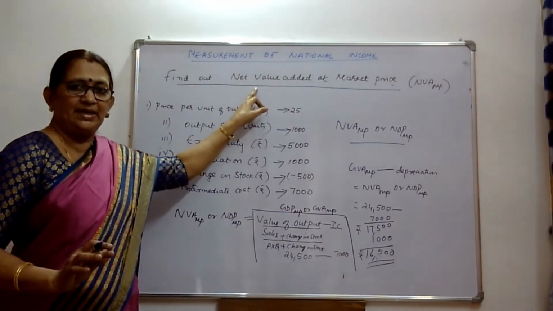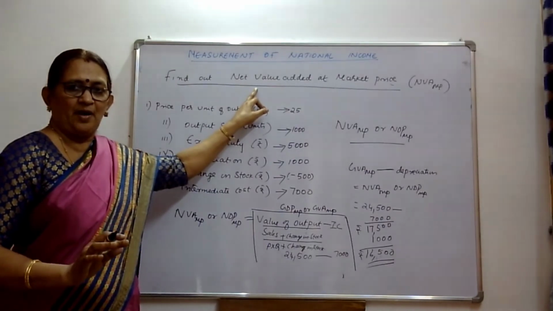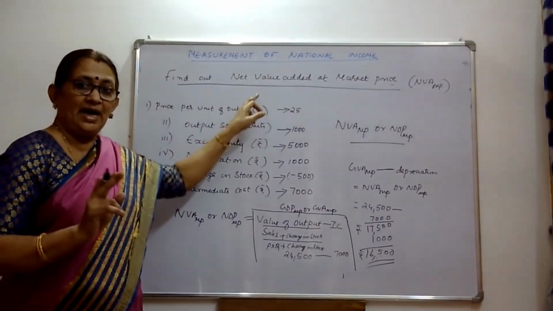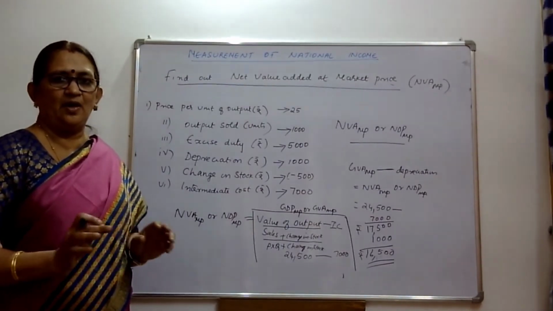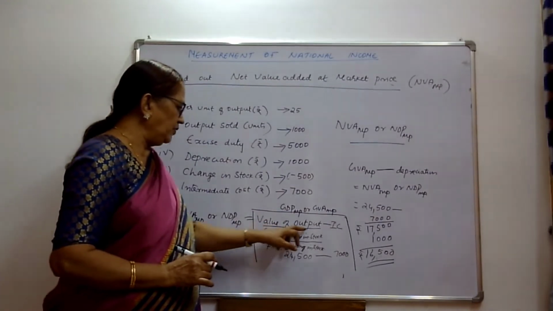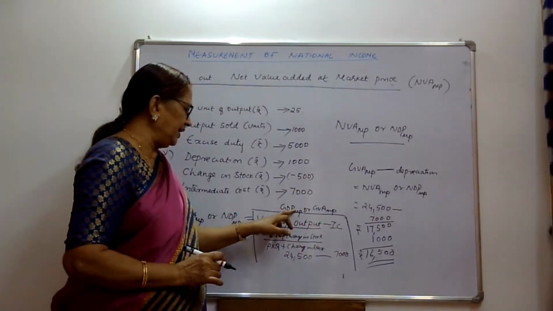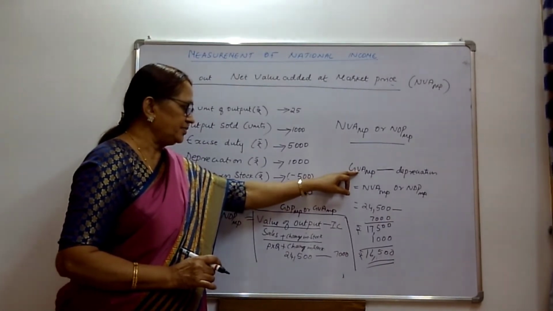We are not deducting net indirect tax because the question is about net value added at market price. It should include net indirect tax. So, we are not deducting net indirect taxes. Value of output minus intermediate consumption we get gross value added at market price. Okay.